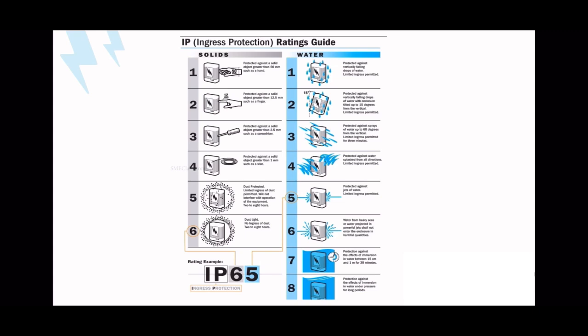It means that your panel is dust tight, no ingress of dust. Then the 5 means protected against jets of water. That means water under pressure is protected against in the panel. Likewise, you can choose different kinds of panels by using these IP standards.